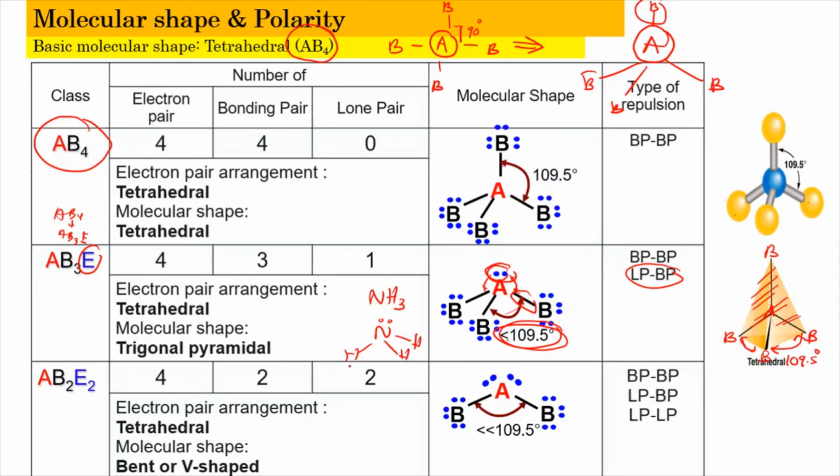Okay, and at the same time, you can also further change one of the bonding pairs, for example here, into a lone pair. So what you're going to get is something like this. Then B here, and then B here. Or you can also put it in terms of like this.